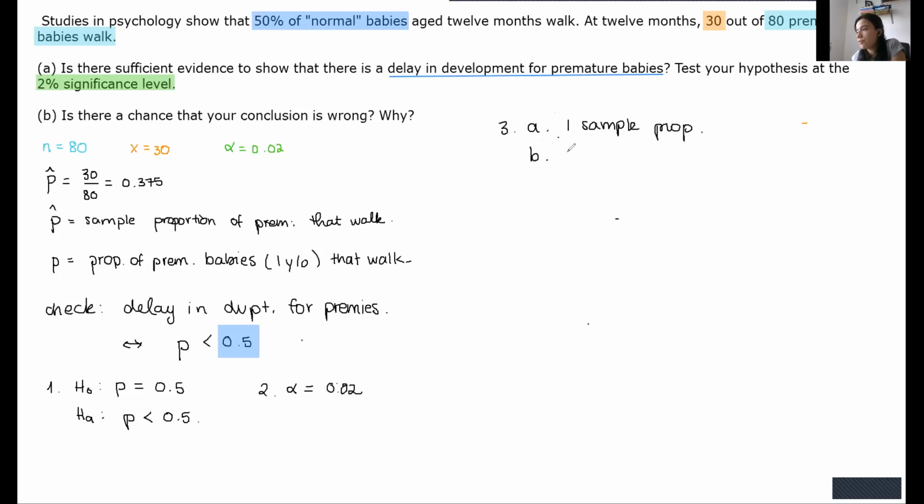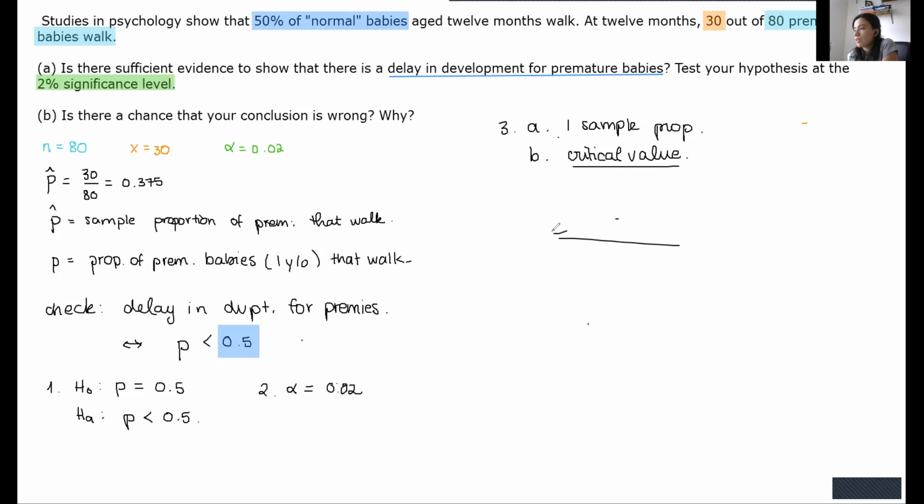Then I need to check for the boundary point, which means the critical value. This is not the same as in calculus. So critical value has another meaning in QM. So this is just the boundary point between what's extreme and what's usual.